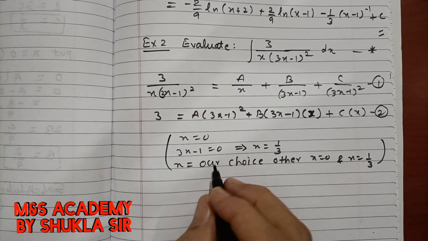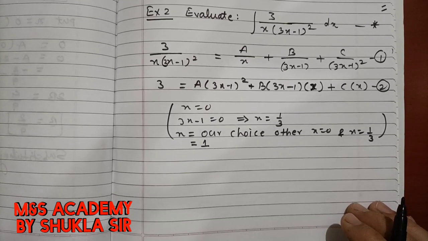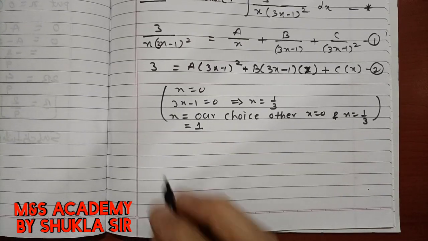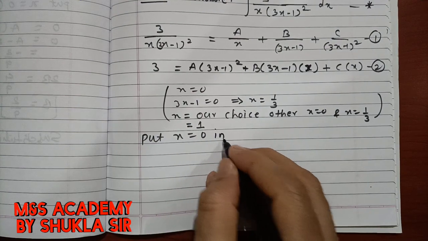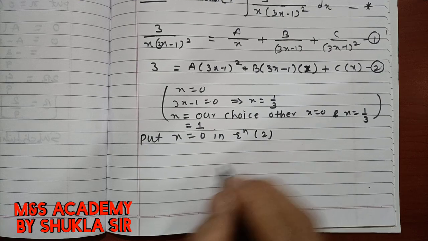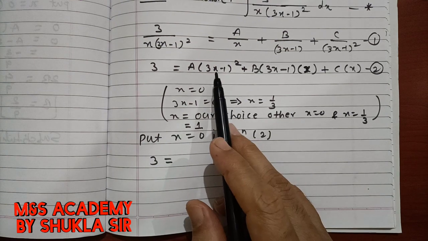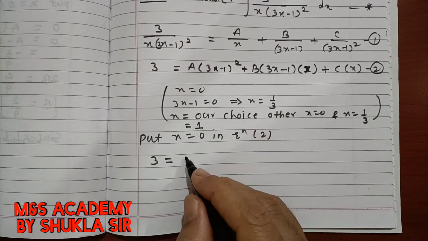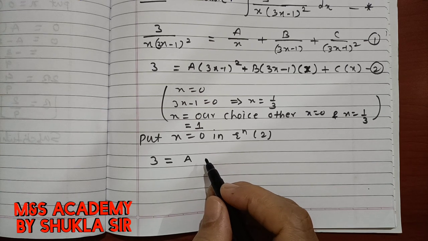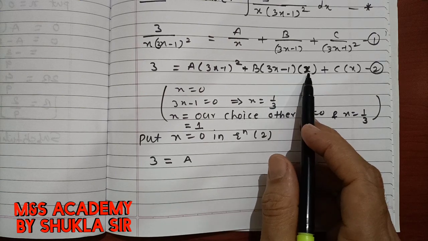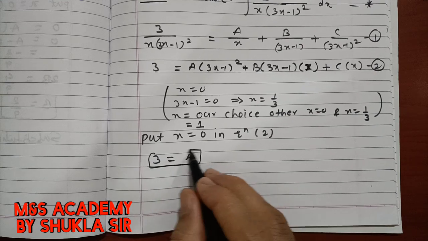Next, you can say 1 is a better option, 0, 1, these are the better options for our choice. Now put x is equal to 0 in equation 2. So 3 is equal to, if we substitute 0, so (0 minus 1) square times a, and this 0 into something is 0, so this is 0 obviously, so a is equal to 1.